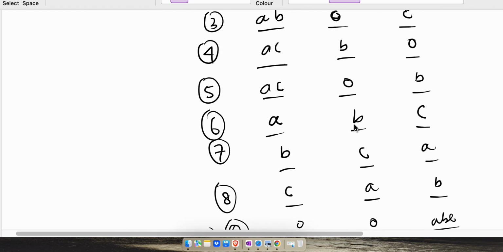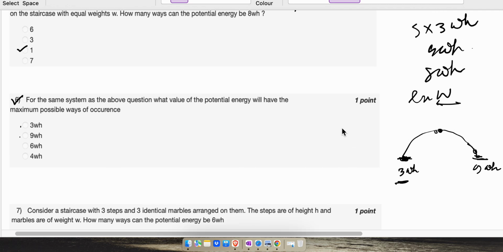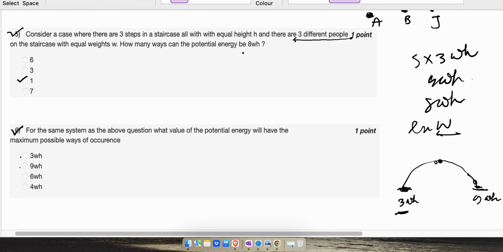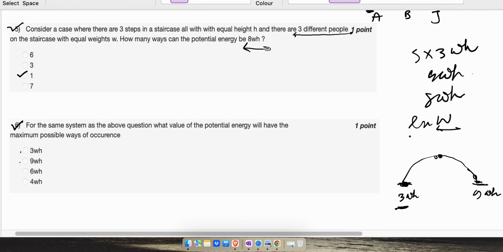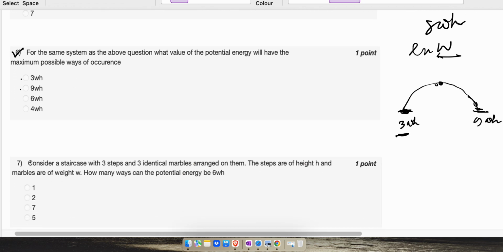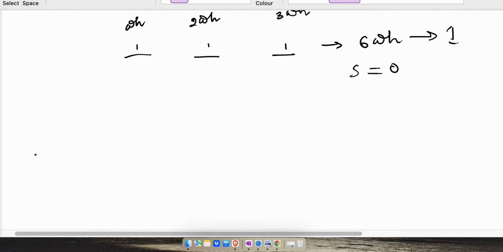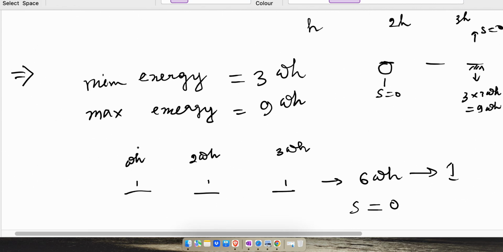So the entropy for 8 omega h is 0, for 6 omega h is 0, for 3 omega h is 0, and for 9 omega h is also 0. So the remaining 4 omega h has to be the answer. 4 omega h has many possible ways, at least greater than 1. Let's check that.